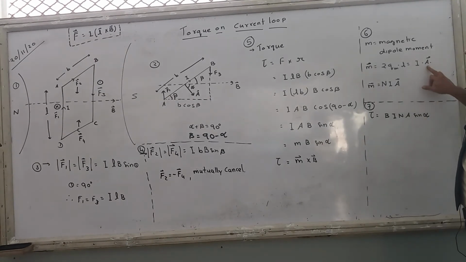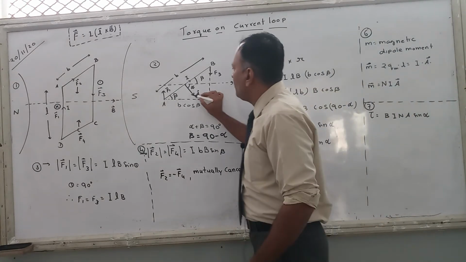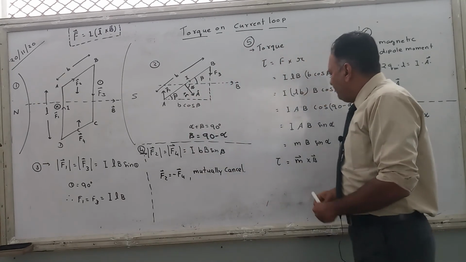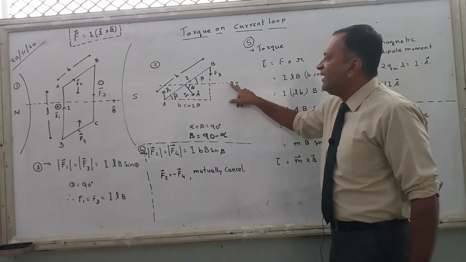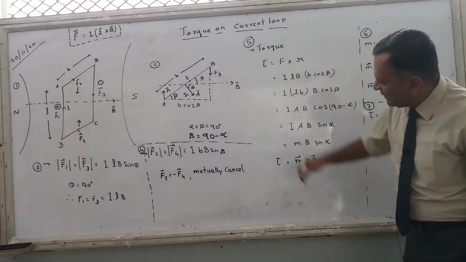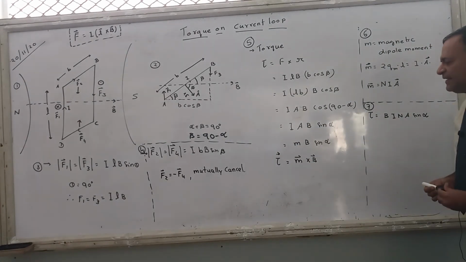So whatever is the direction of A, the same is the direction of M. So here in place of A, I can also write M. So alpha is the angle between magnetic dipole moment and magnetic field. So tau is equal to M cross B. Okay? This is the expression of torque.